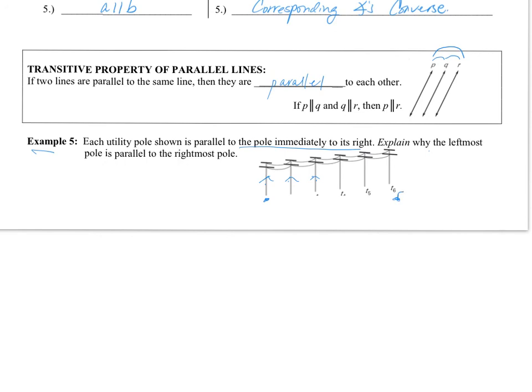So I can use a simple sentence saying T1 is parallel to T2. So this is T1, T2, T3, T4. Then T2 is parallel to T3. Then T1 is parallel to T3. And the pattern will continue.